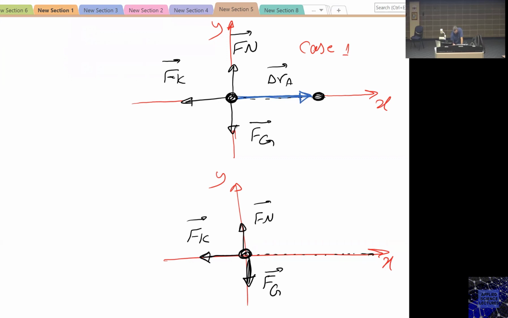The gravitational force is also the same. However, because of the greater initial speed he gave himself, now we have a greater displacement. So this is my delta RB.